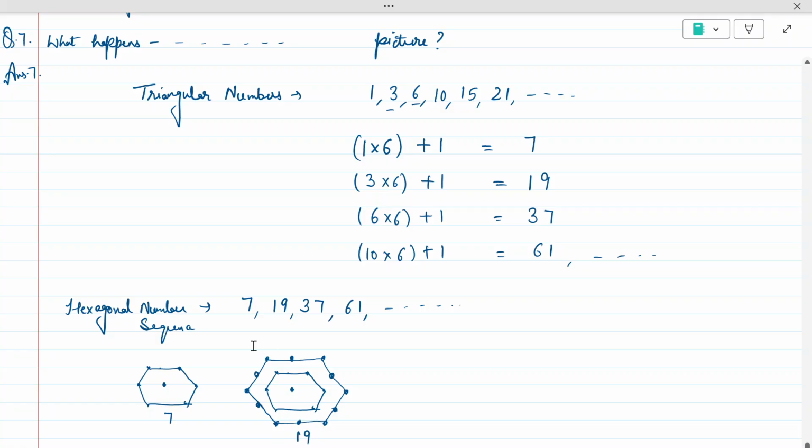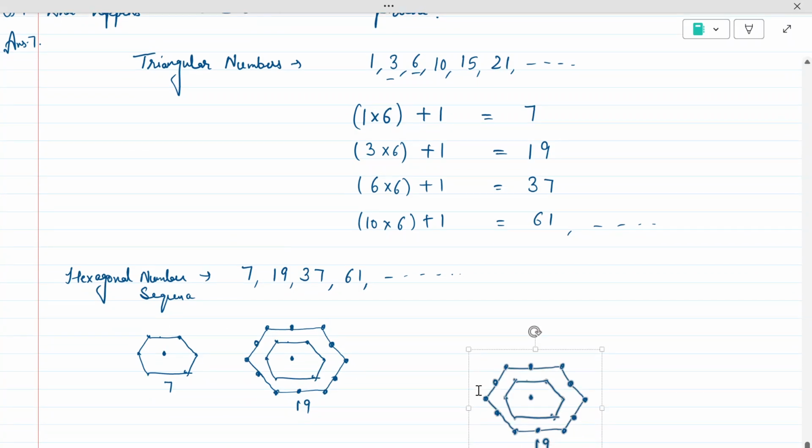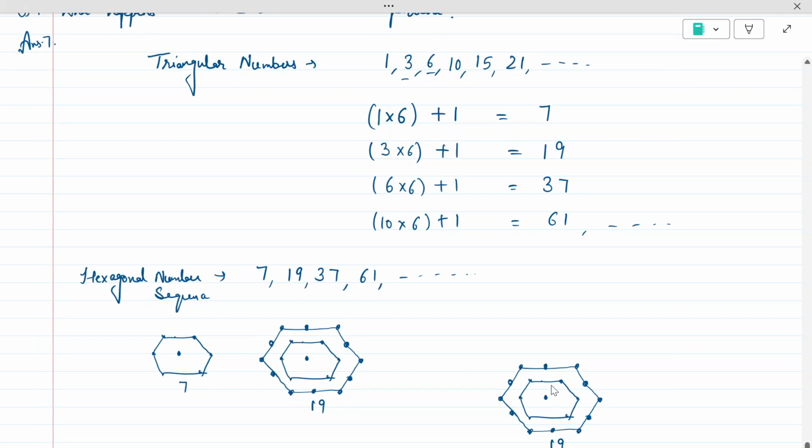Okay. And now when we have to add 37, we will again take the previous one and draw it here. On top of it, we have to draw more dots.